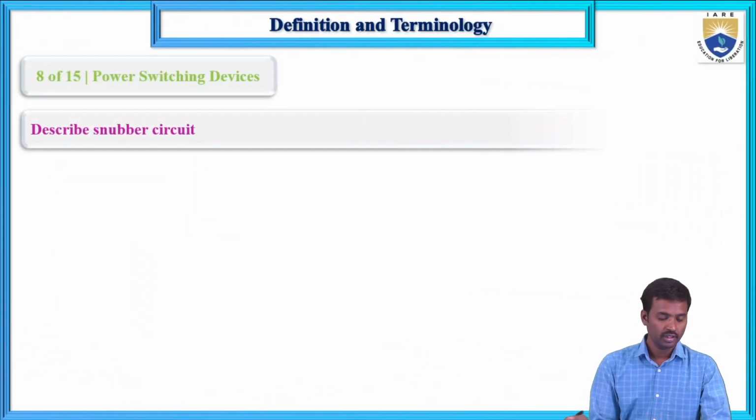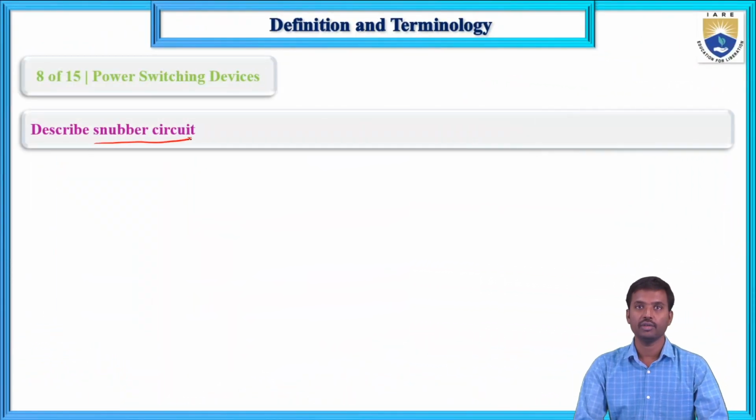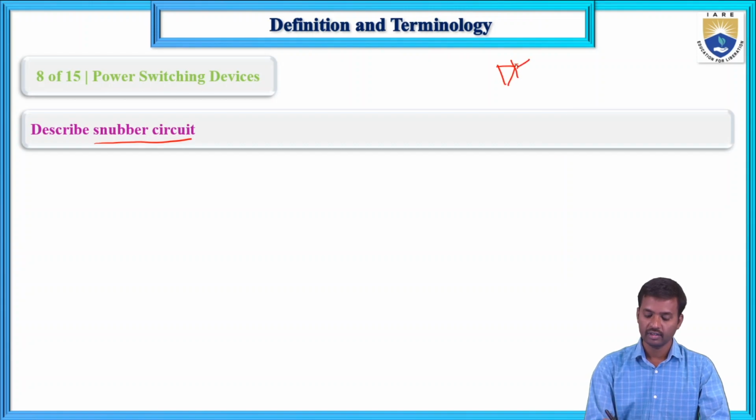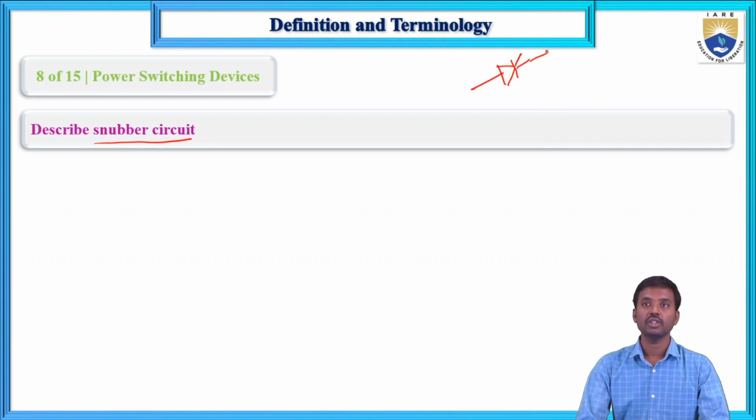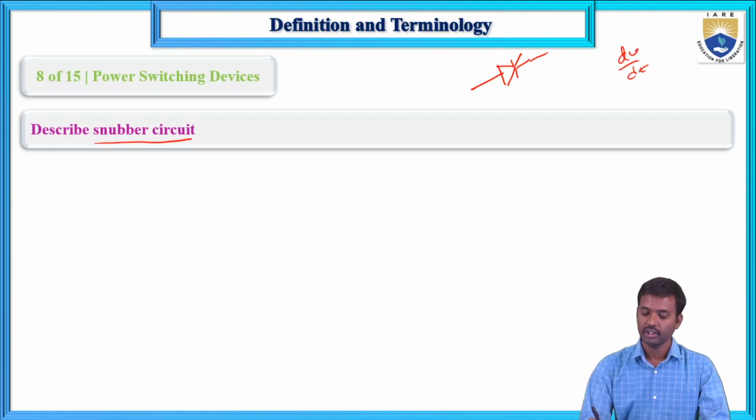Next, describe the snubber circuit. This is the SCR. There are different components to protect the SCR from dV by dt and di by dt, and there may be over voltage protection and over current protection.